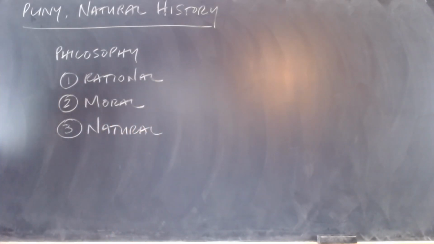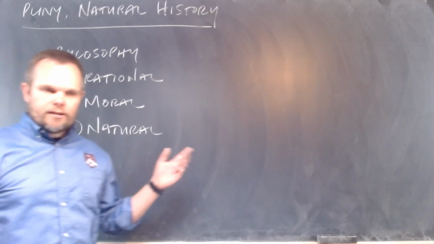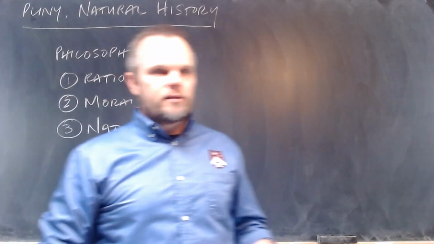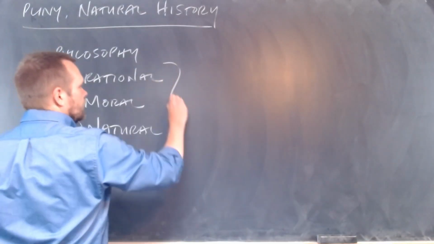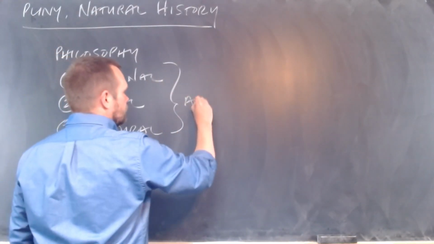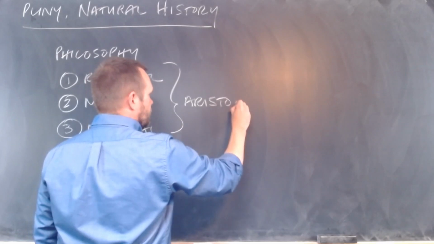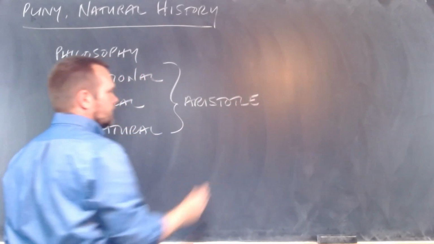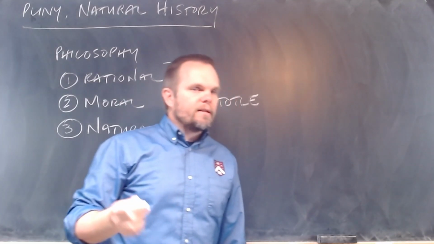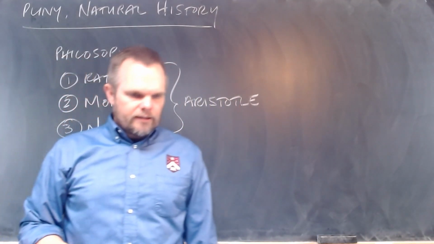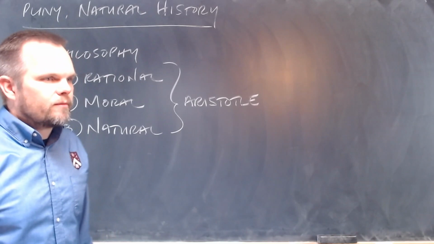And I told you that the main author on each of these topics is who? Aristotle. Right. So the main author whose works we study to learn this philosophy is Aristotle. But the problem with Aristotle is that he's very difficult to study. And so you can't start with Aristotle.